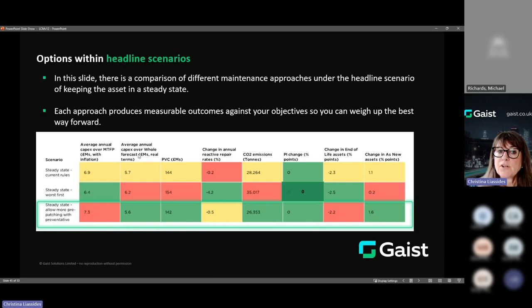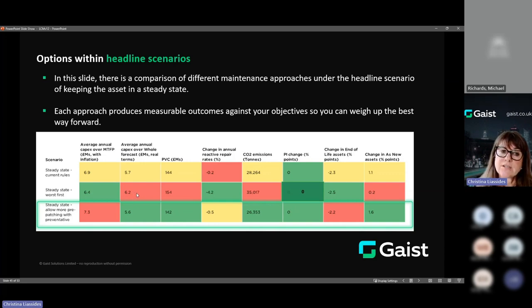However, if you're looking at the whole forecast, and that's an important part too, because we want to know what impact the decisions we're making now have into the future, you start to see quite a different picture. This is why it can be really important to look over the whole forecast in terms of expenditure, as well as just the annual. Then you start to see that your steady state doesn't necessarily give you the best outcomes for your money.